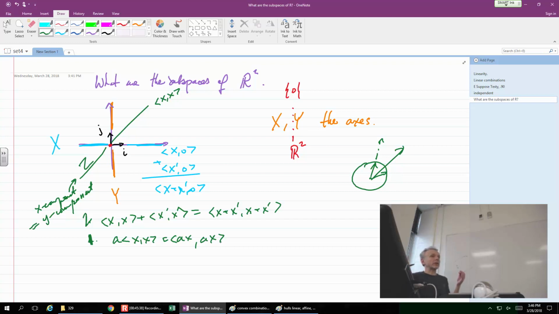Whether you do addition of those, or scalar multiplication of one vector like that, this property won't disappear. And it's very easy to think of examples where the property would disappear. Anything that is not straight, anything with any kind of curving in it, will go off, and the property will not be satisfied.